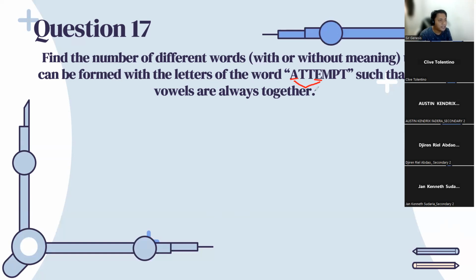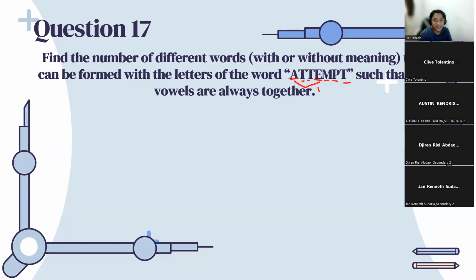So that means that if this becomes one group, how many elements are to be arranged? So that will be one, then 2, 3, 4, 5, 6.